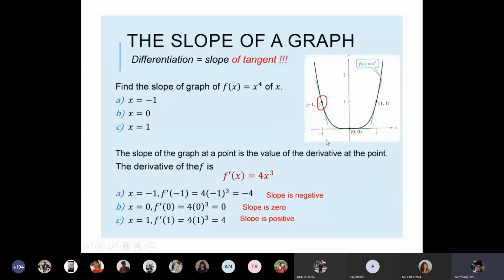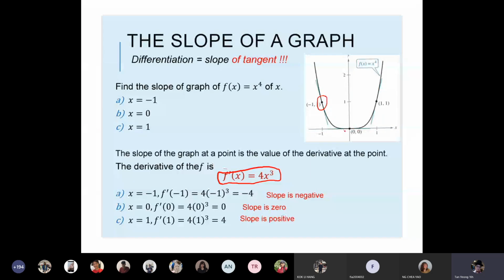So where we have f prime x equals 4x to the power of 3. When x is 0, the slope is 0. Okay, so at this point, the tangent line is a horizontal line.